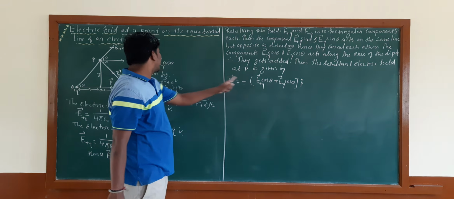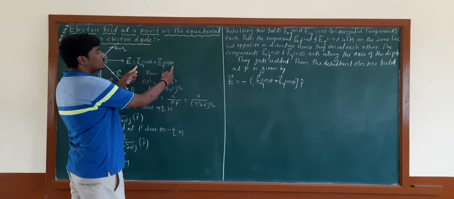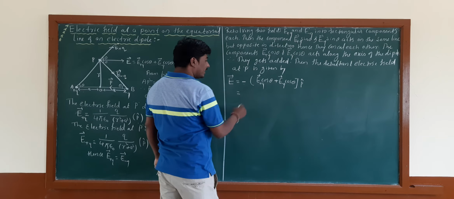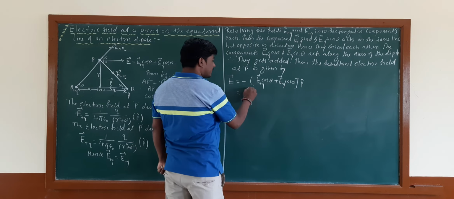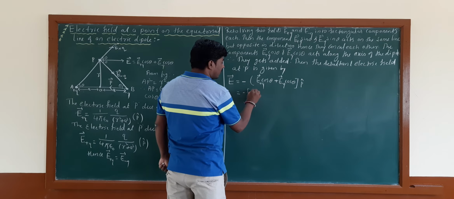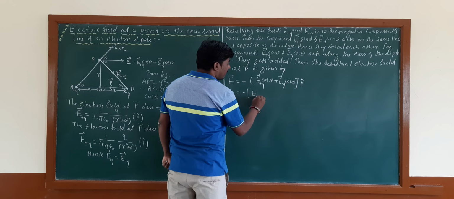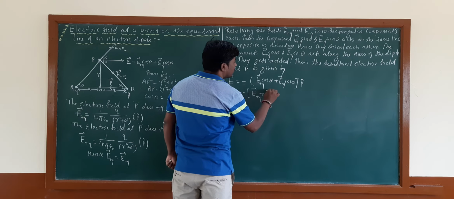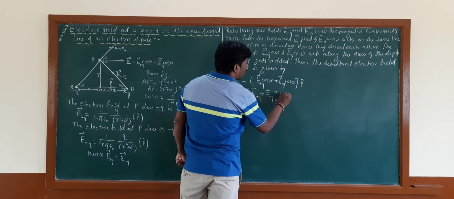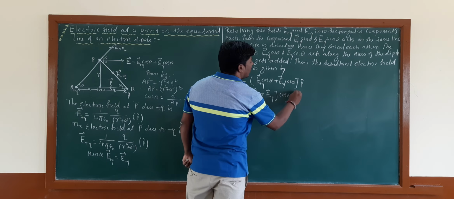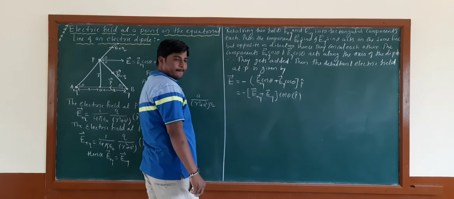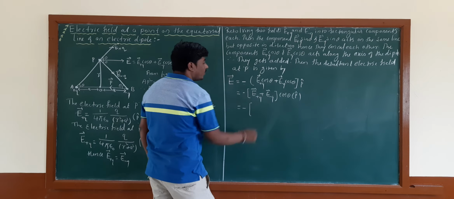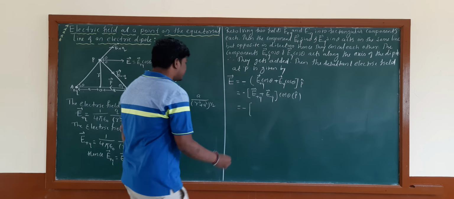So this is the resultant electric field. We know that it is E plus cos theta plus E minus cos theta. Or we can write this as E plus Q plus E minus Q, cos theta P cap. Okay? Substitute the value of E plus Q and E minus Q. What is E plus Q?